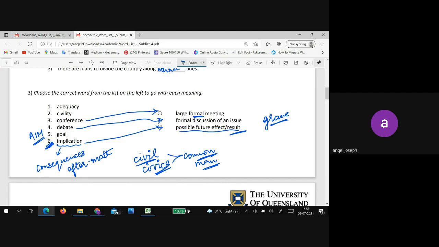Grave also means the place where we bury people after they have died, where you have the cross and all put, it will be written. Cemetery, tomb. Another name for it is grave. But remember, this that I have drawn here is the noun form.